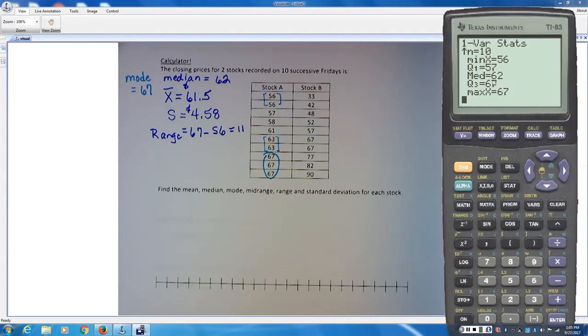Then we're going to move to stock B. So that means we're going to go back to Stat and over to Calc. And again, choose one variable statistics, only this time we're going to use list 2.